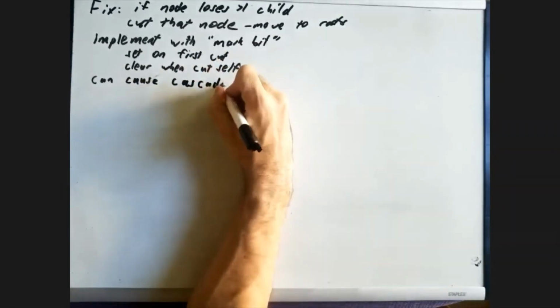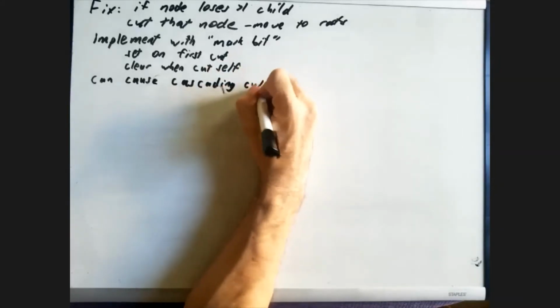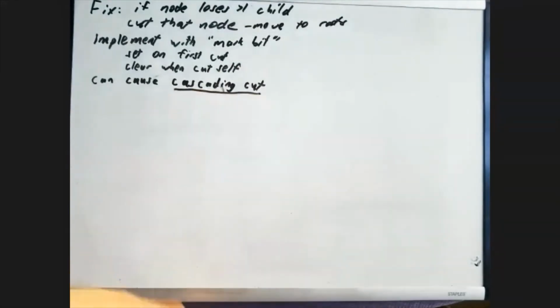So if a node has lost a child, and so we cut another child and therefore cut that node, well, its parent may have previously lost a different child, and so we'll have to cut the parent. And the grandparent may have previously lost a different child, and so we may have to cut the grandparent. And we're going to have to keep cutting all the way up the tree until we get to a node that has a clear mark bit.